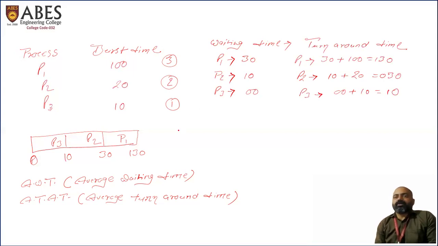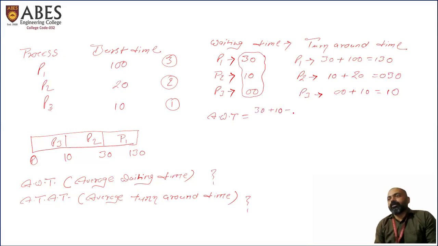Now, what was asked was average waiting time and average turnaround time. When we get the individual waiting time of every process, then what will be the average waiting time? Average waiting time will be the summation of all these numbers, means individual waiting times 30 plus 10 plus 0 divided by number of processes, which is 3.